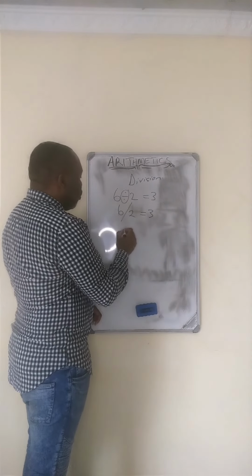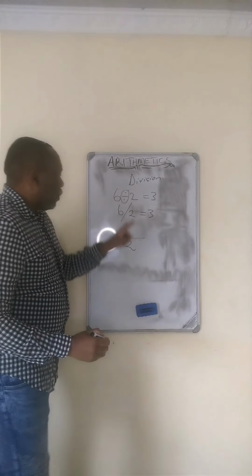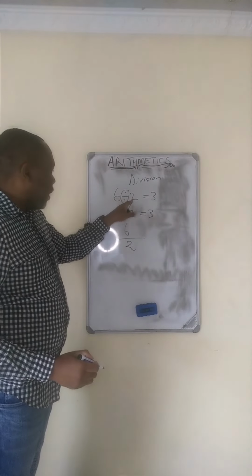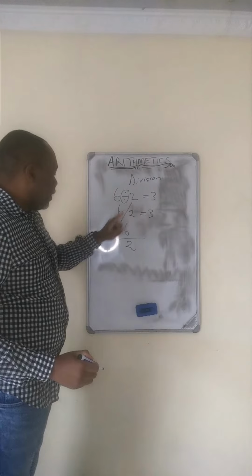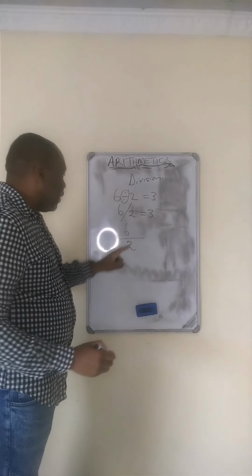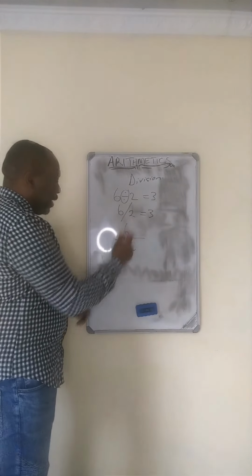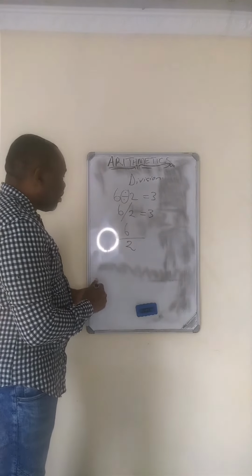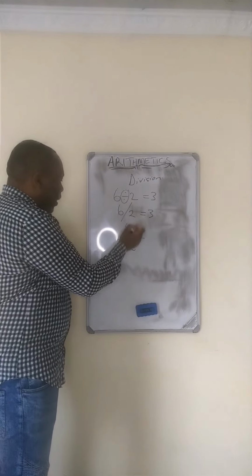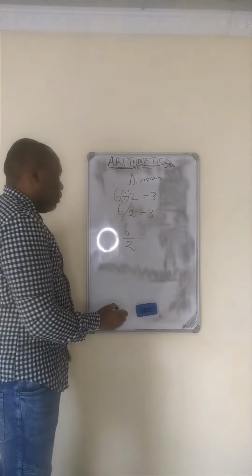It's also the same as 6 divided by 2. You see, we've got this sign, it's telling me I'm dividing. I've got this sign, it's telling me I'm dividing as well. I also have this sign here, this line going straight horizontal. This one is slanting, it's like a forward slash. It tells me the same message as this one and this one.